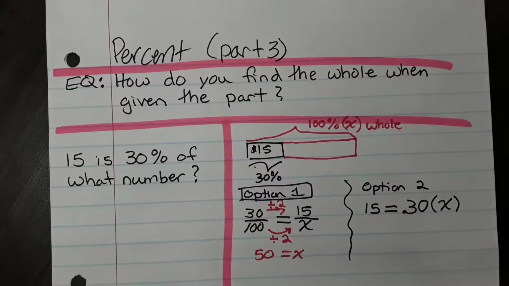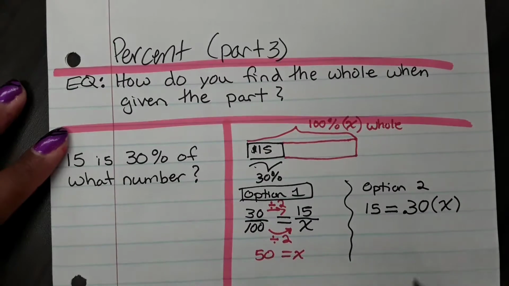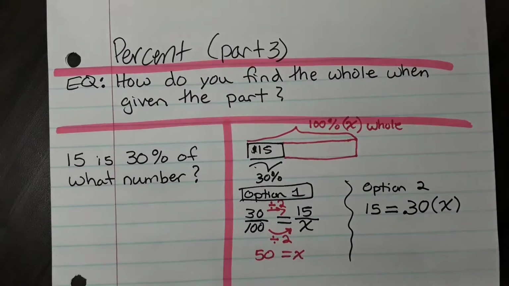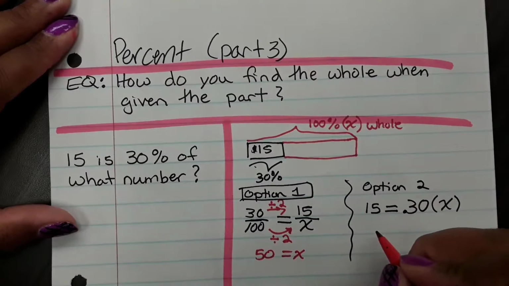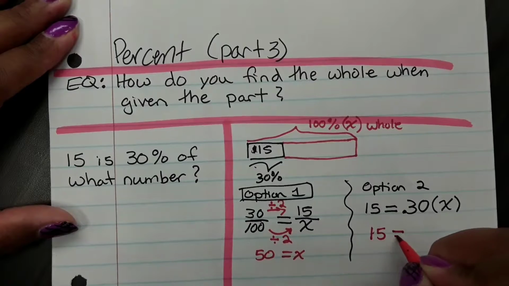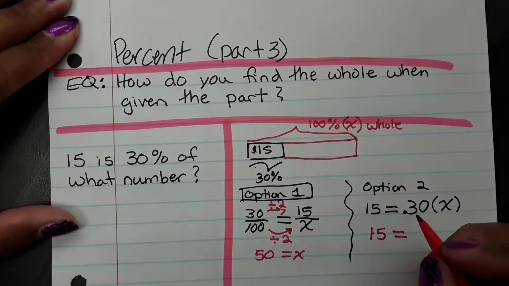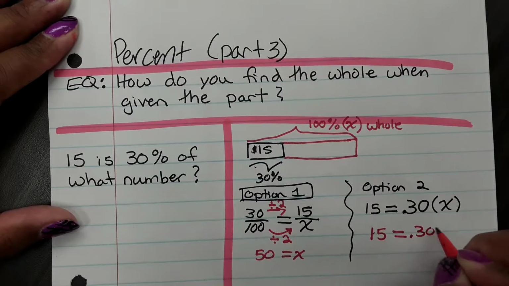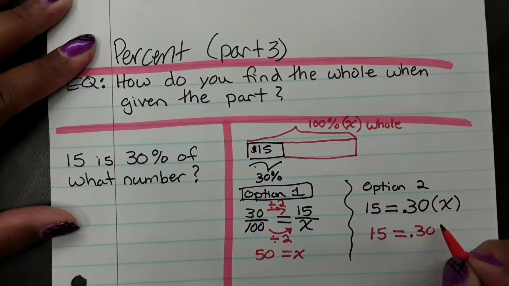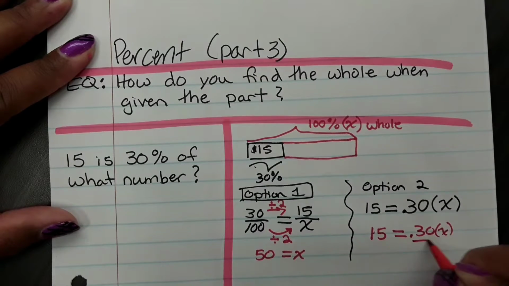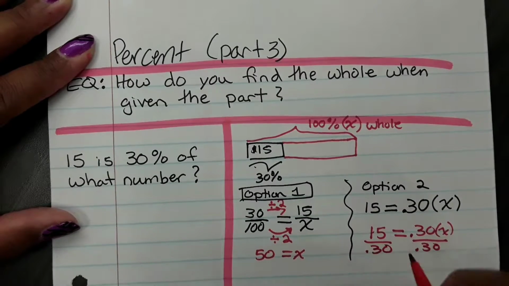Okay, to solve this, we're going to undo what we've already done. It says to multiply by 30 hundredths, and because we are actually finding the whole this time, we have to divide. So we went over this in class. And if you weren't with me, that's okay, you're going to catch up now. To show that we're going to divide by 30 hundredths, we're going to use our fraction bar, and we're going to make sure we do it to both sides.